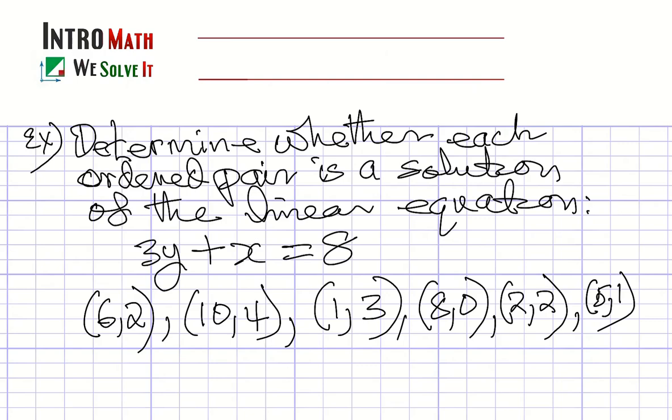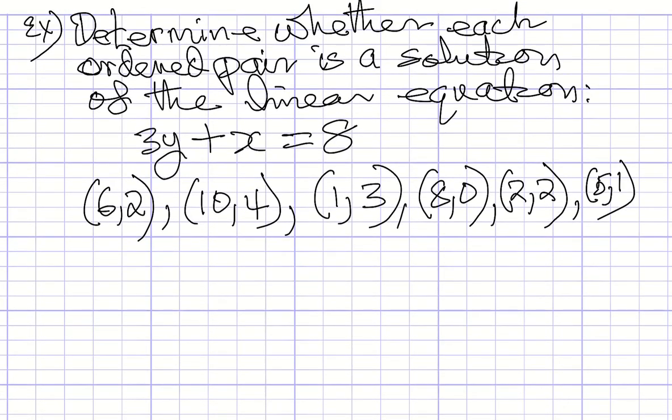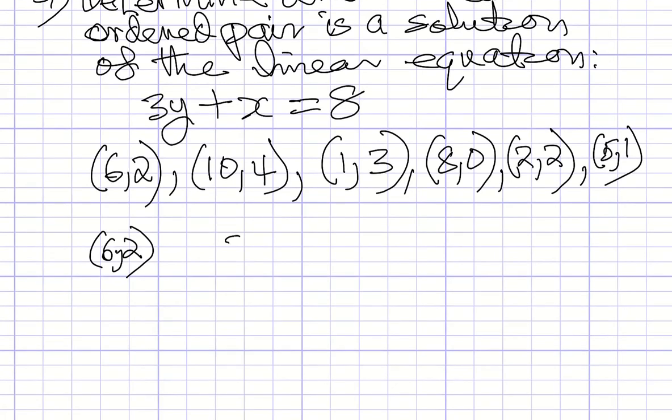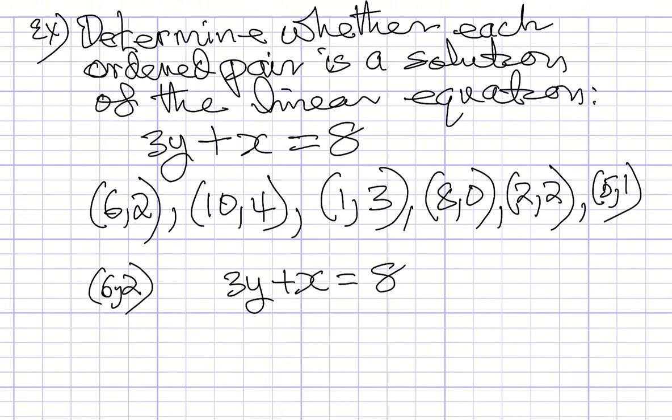This example will help you to understand these concepts more, okay? So let's do it. The first ordered pair given is (6, 2), all right? And the equation given to us is 3y plus x equals 8. So like I said, the ordered pair means x equals 6, y equals 2.